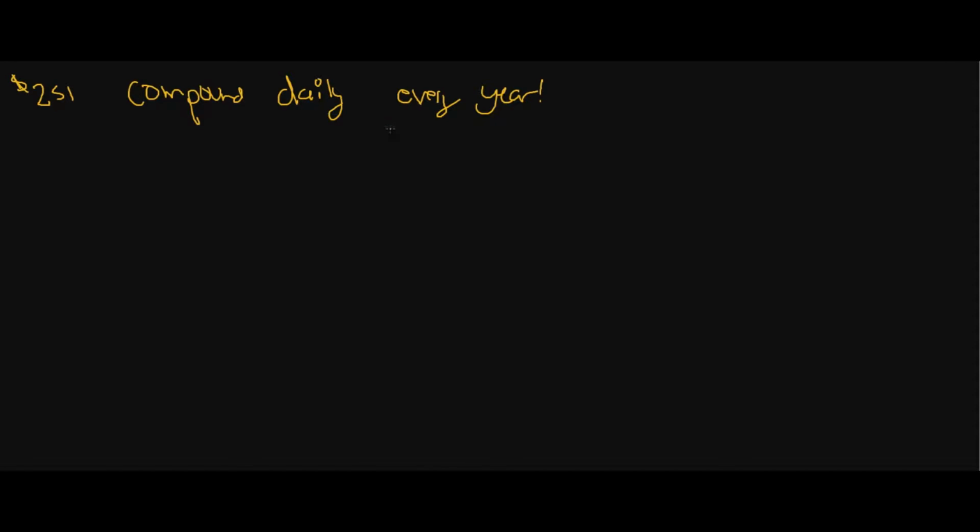Let's not get too crazy with leap years and whatever. Let's just say we have consistently 365 days in a year. So that means compounded daily every year. Oh, I forgot the most important part. At a, let's say, 12% rate.